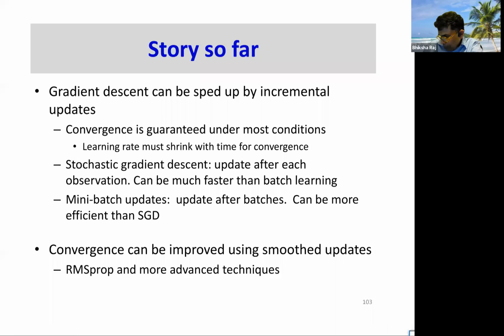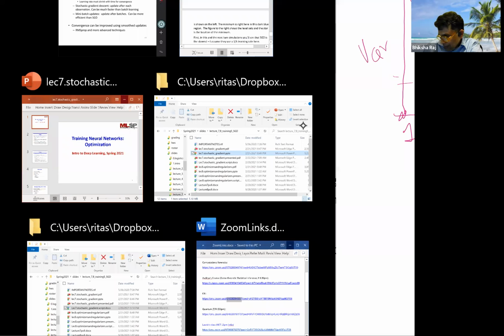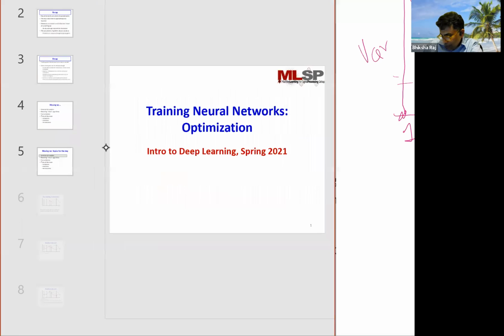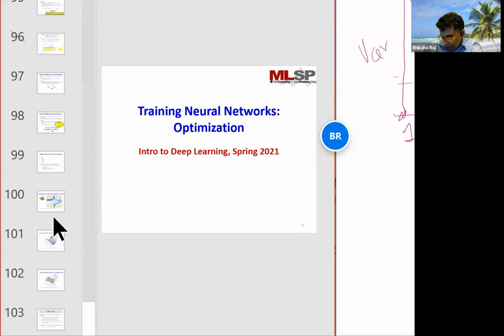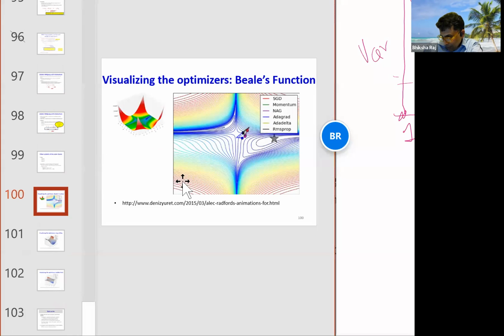I'll make one more vain attempt at pulling up the slides. So you can see he's comparing different optimization techniques on this function called Beale's function.